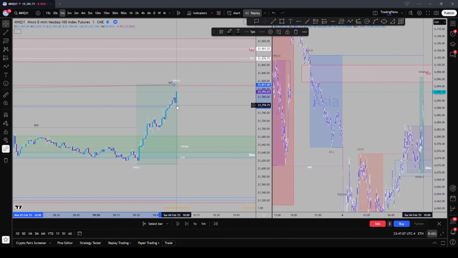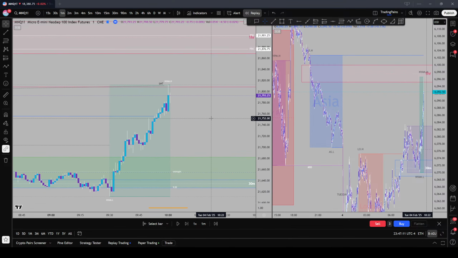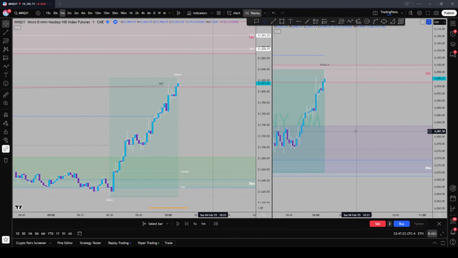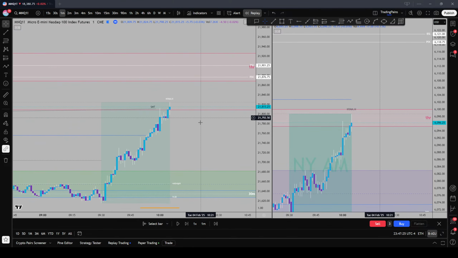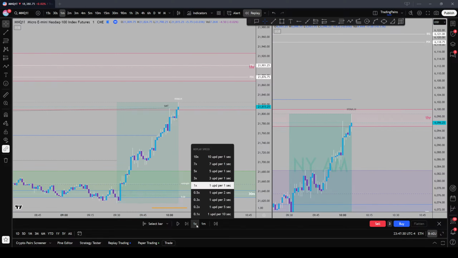And 10 o'clock. This is 10 o'clock. Am I looking for a continuation? Okay. Looks like it's still going up into this area. I might take out Asia high for this one. I'll wait till it gets into the 1 hour. No need to jump into it right now.